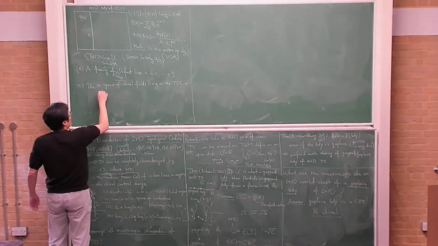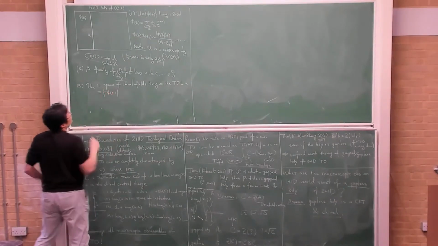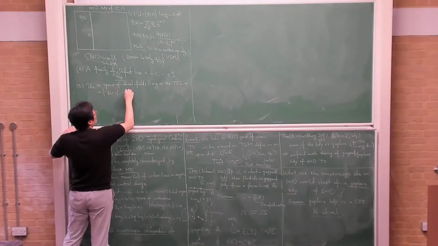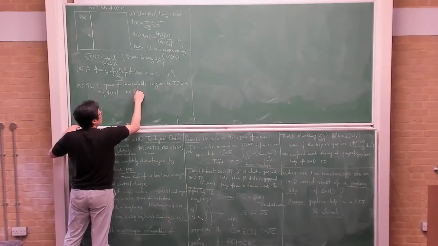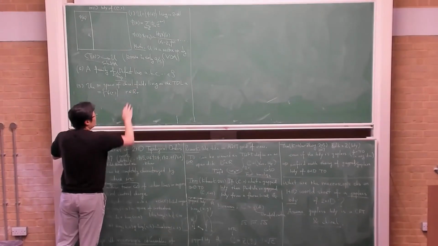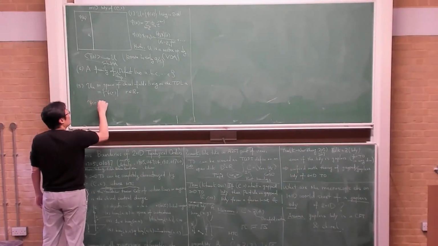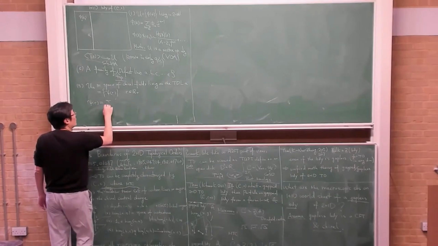Why do I use the R here? R belongs to the real numbers, and in particular I prefer it to be positive. So this field can have a Laurent expansion.